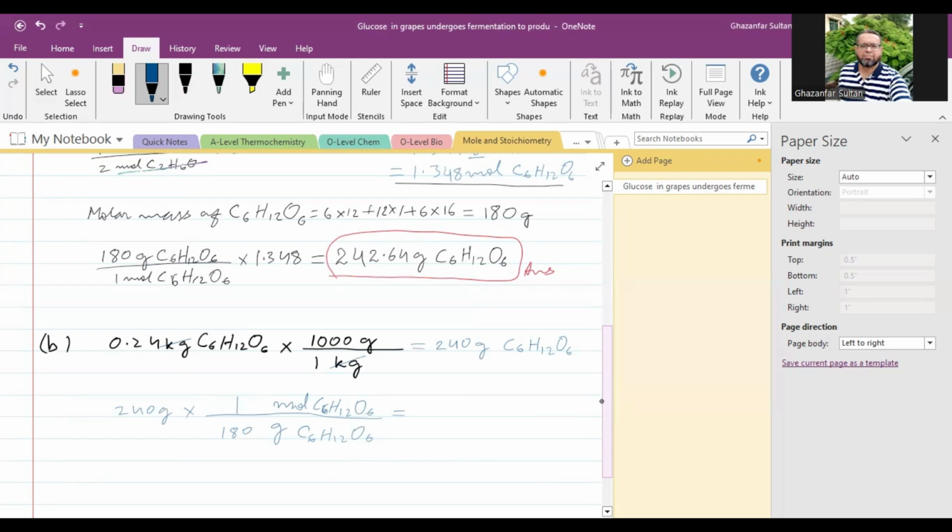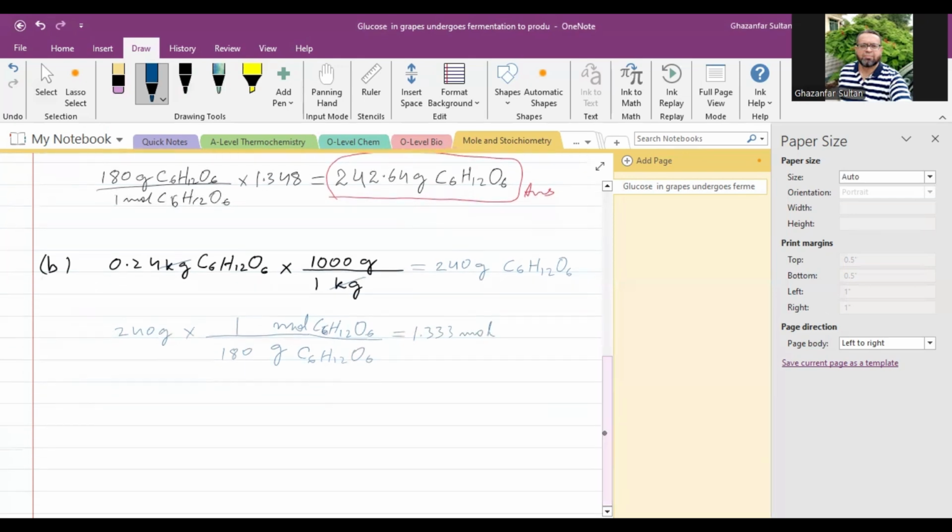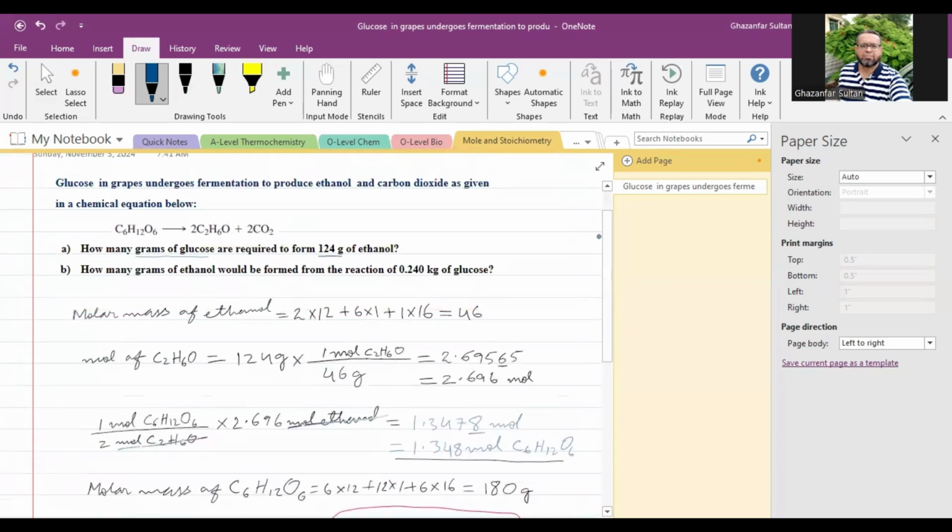240 divided by 180. It is 1.333. So leave it to a maximum of 3 decimal places. Mole. And which mole? Mole of glucose. And from the balanced chemical equation, you can see that 1 mole of glucose produces 2 moles of ethanol.